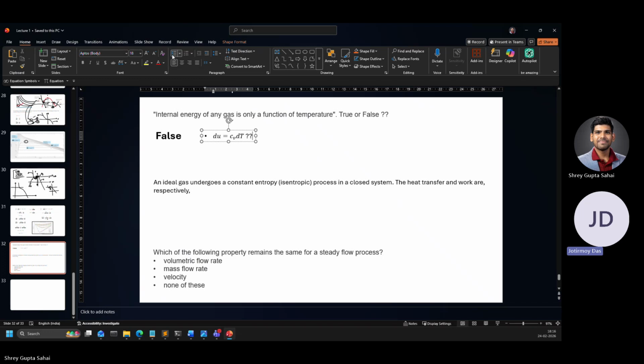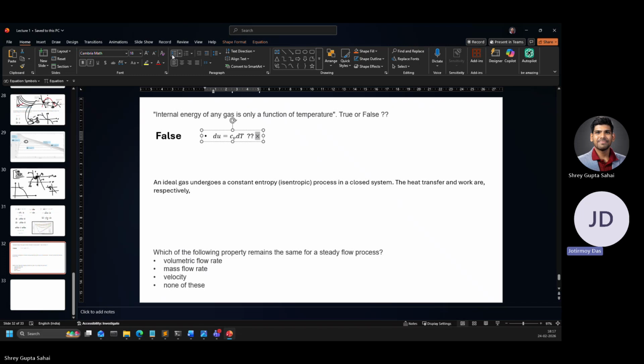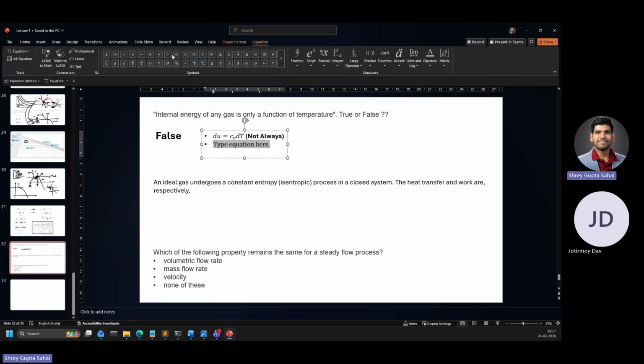Yes, we can write this also. You cannot. Okay, this is not correct. You wrote wrong. Sorry. Okay, then can I write this? dU and dH.